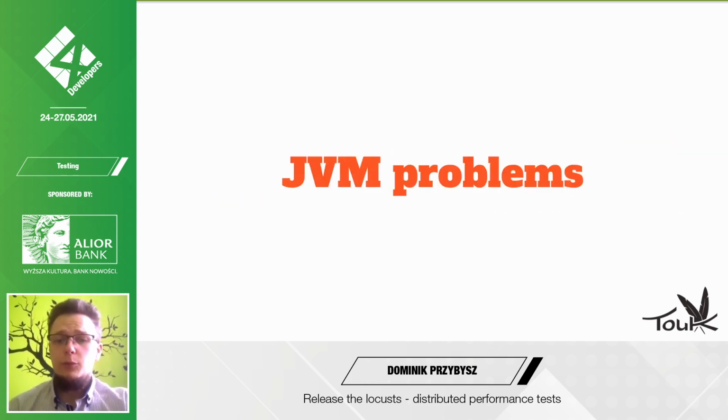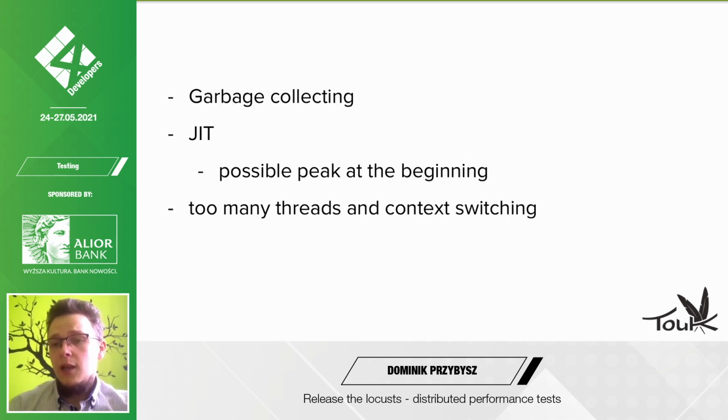Another problem that we had was connected with JVM problems. When we are using JVM, we have garbage collectors. So we could have some problems with garbage collecting, especially when we are creating a lot of objects, and we can have stop-the-world pauses somewhere in our tests.